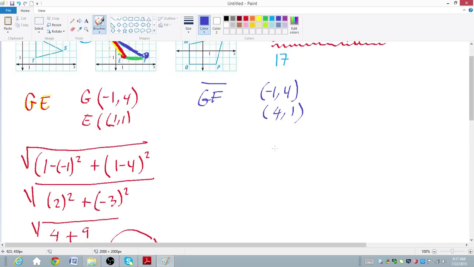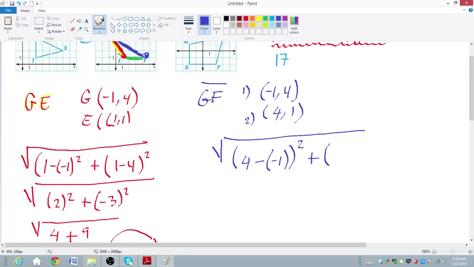Now plug it into the distance formula, which again is x2 minus x1. So x2 is, remember the bottom one is the second one, so x2 is 4 minus x1, which is -1, so make sure you put a -1, and then square, plus y2 minus y1.